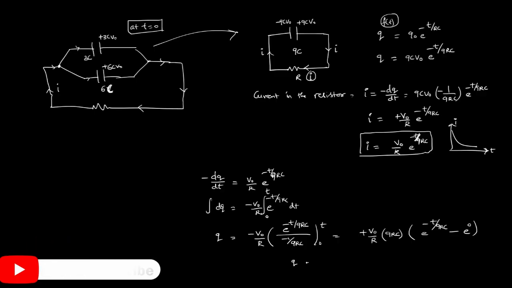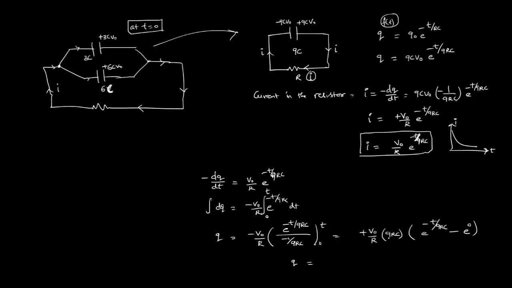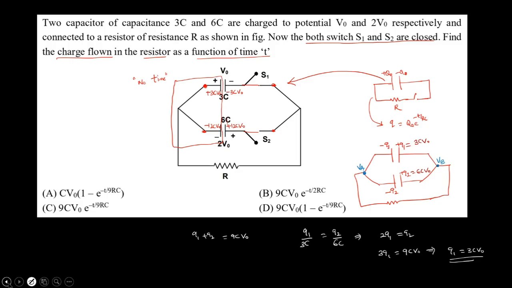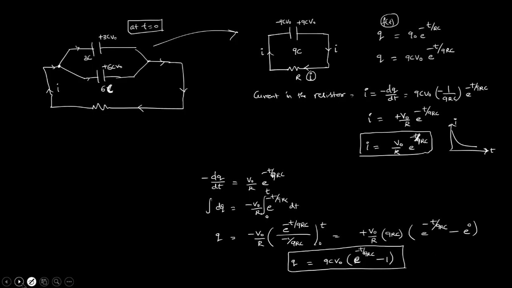So finally, the charge passing through the resistor is, R cancels out, 9CV0 into e power 0 is 1, so e power minus t by 9RC minus 1. So this is the charge passing through the resistor R. But you can see here it is given as e power minus 1, so actually this is not a magnitude.